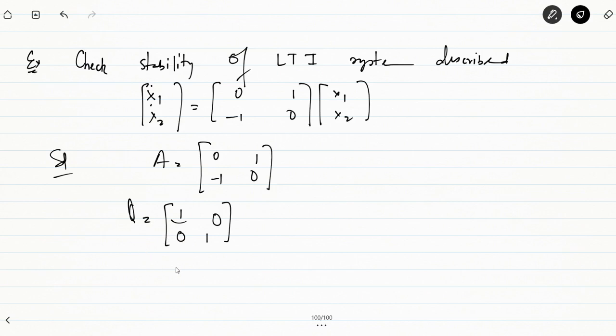Now we have to find the matrix P, to find the energy function. For this matrix Q, minus Q will be equal to ATP plus PA.